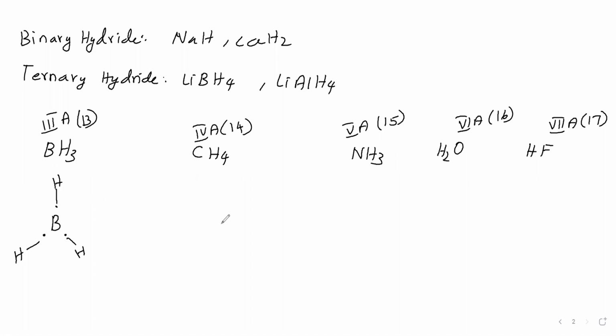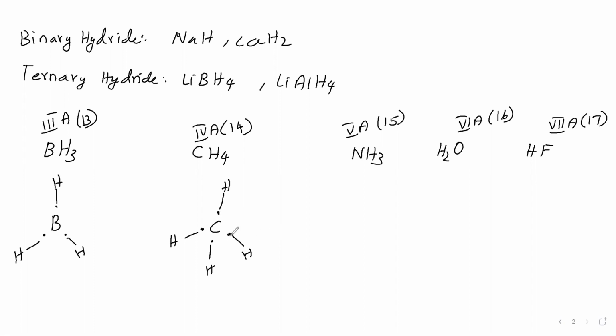Okay. Now methane we will take. Methane, carbon we have taken. The valence shell is having 4 electrons. It is making bond with the hydrogens. Now the carbon valence shell is having 4 electrons, that means now 4 bonds are there. 4 bonds means 8 electrons.